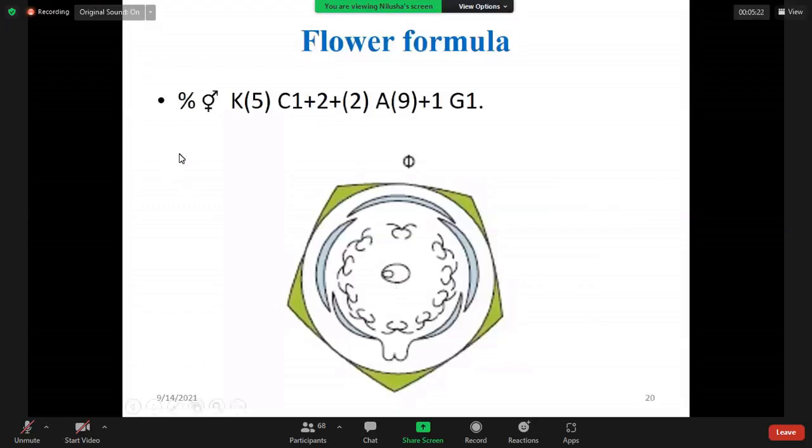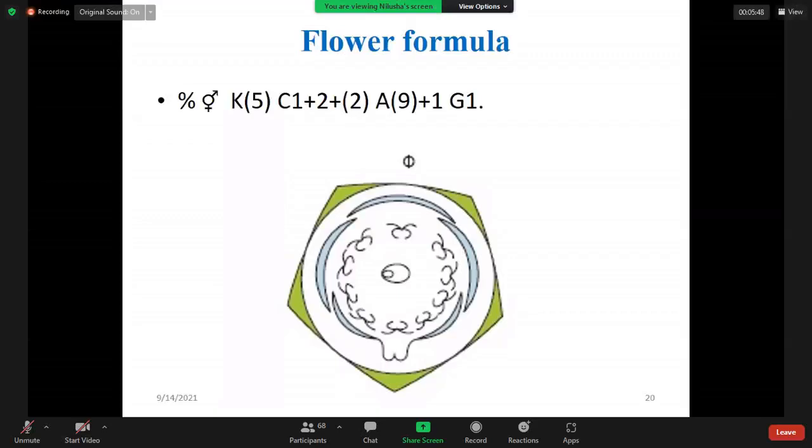Now we will see the floral formula. Did you study the floral formula of the family Solanaceae group? Yes, ma'am. This flower formula is different from the family Solanaceae because the flower parts are totally different from the Solanaceae flower.